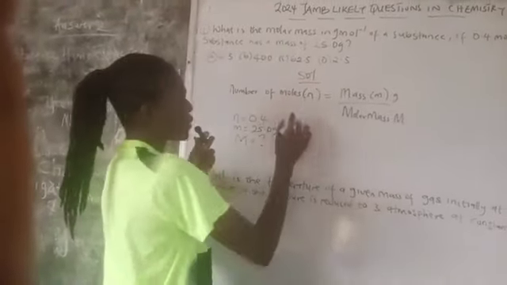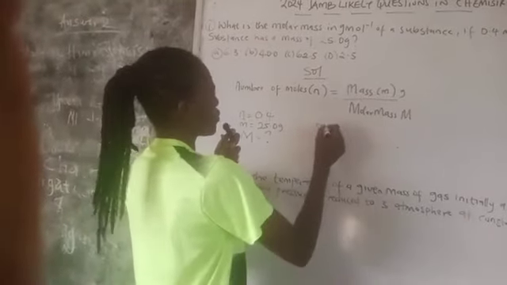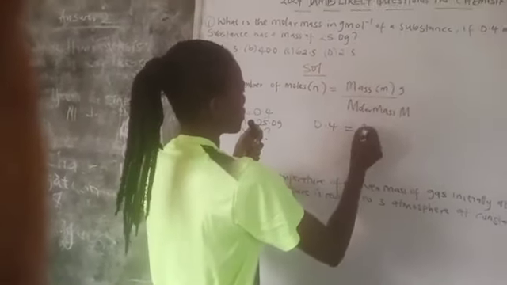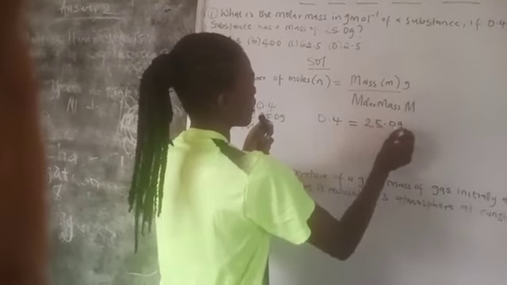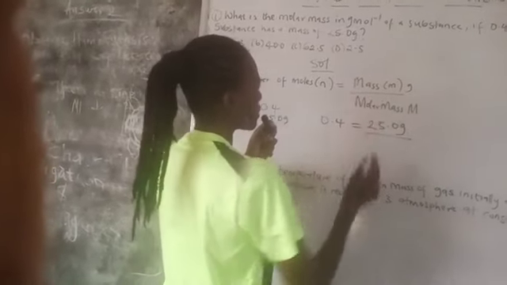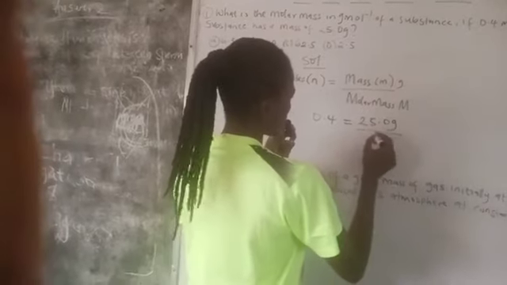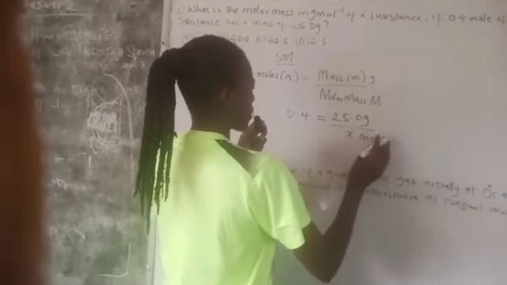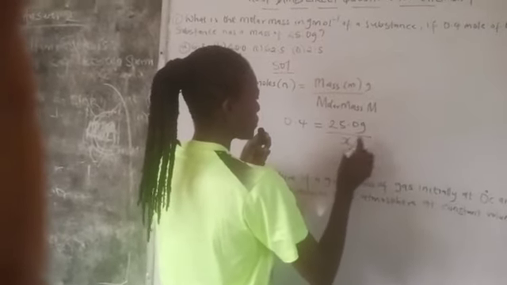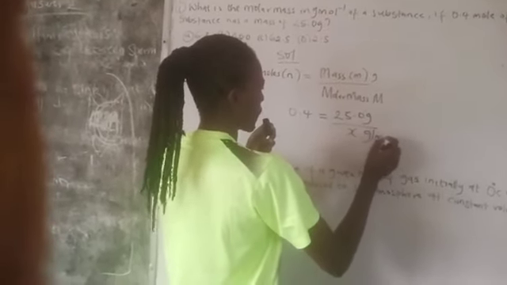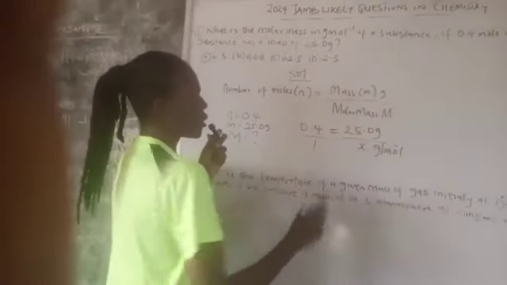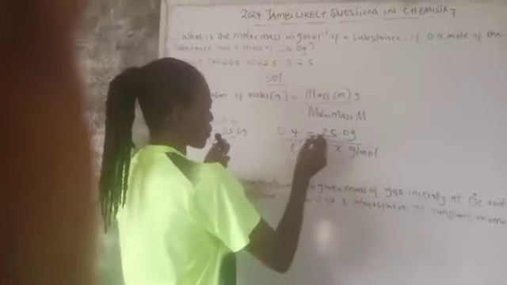Now, the number of moles given to us, we have 0.4 is equal to the mass given to us, 25.0 grams, all over the molar mass, which is measured in grams per mole. Let's represent it as x. In order to get the molar mass, we have to cross multiply.